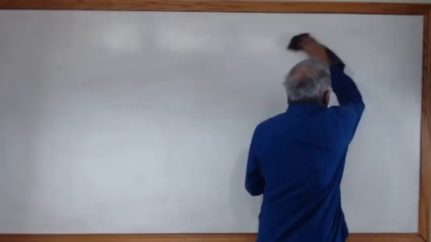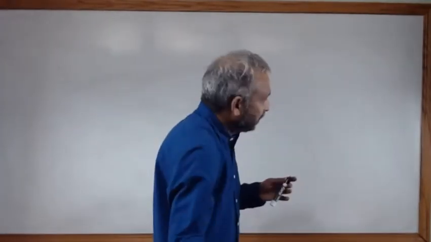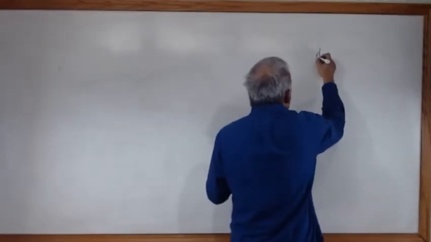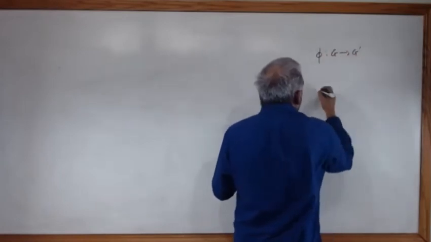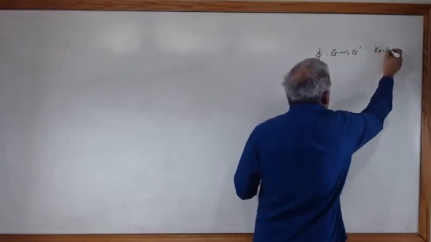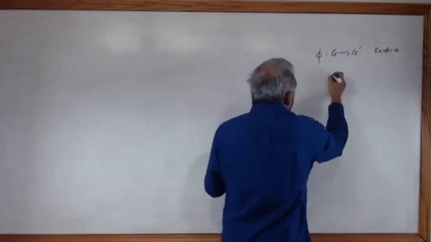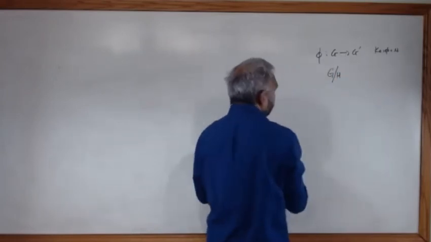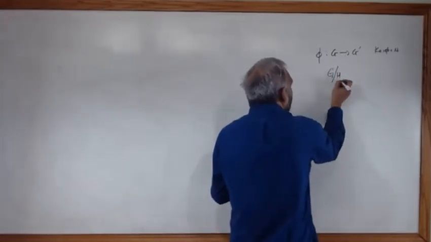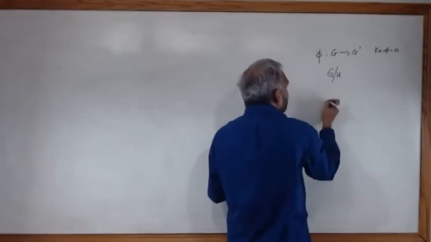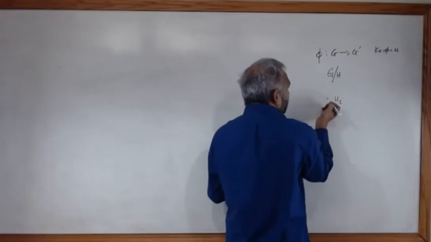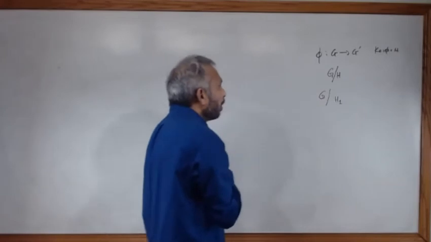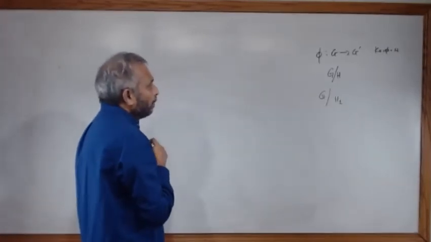Because we need a subgroup of G, and that is the kernel of the homomorphism from G to G prime with kernel H. Then we constructed the factor group G over H. But if you already have a subgroup, let us say any other subgroup H1, which is not related to any homomorphism, can we still form a factor group?